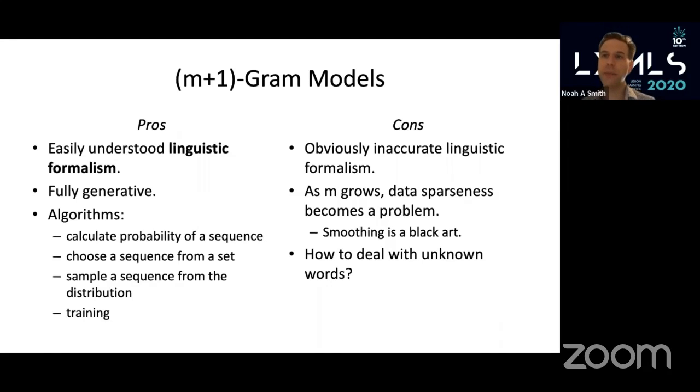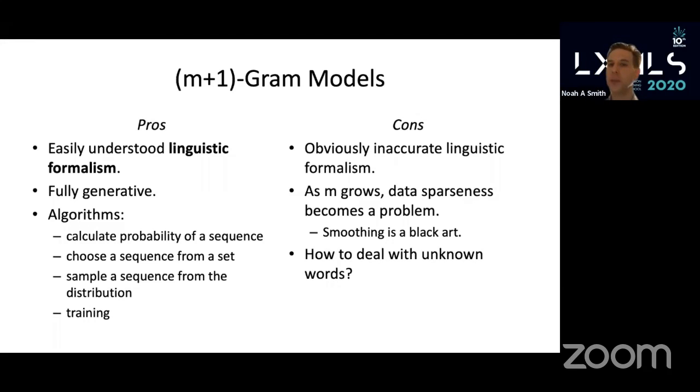Further, as your Markov order M gets larger, you're going to observe a smaller and smaller fraction of the possible histories and words with those histories. So data sparseness is going to increasingly become a problem. You're going to have a lot of zero counts.